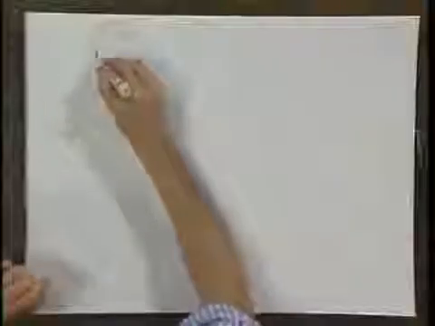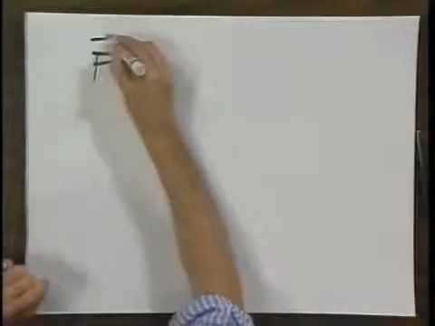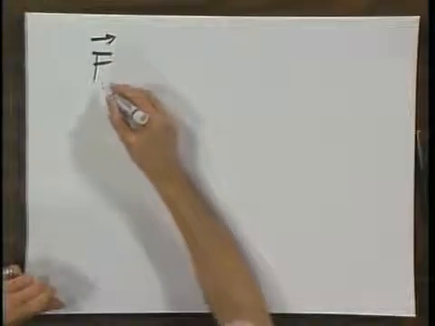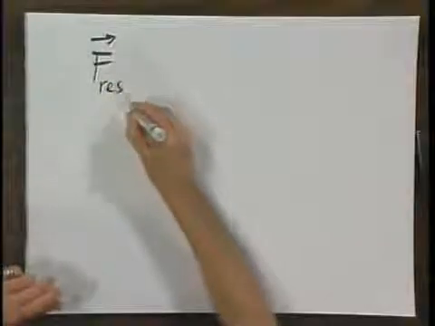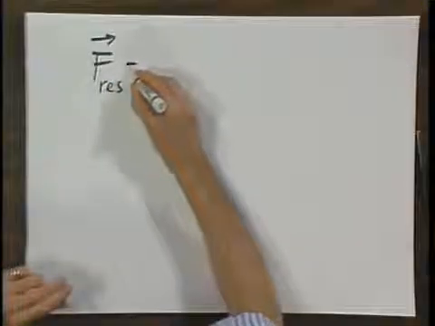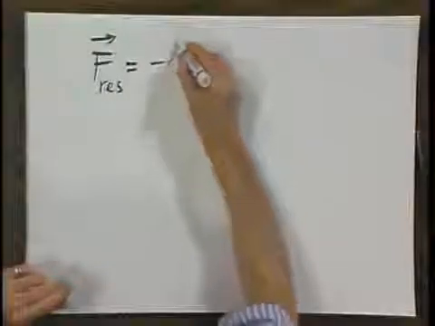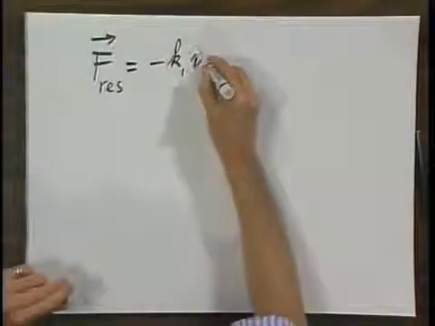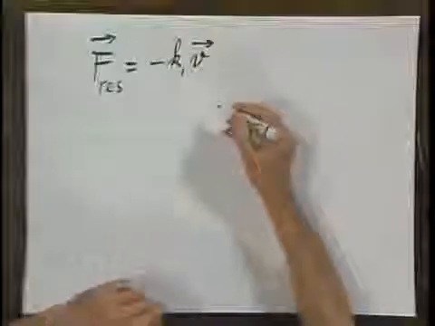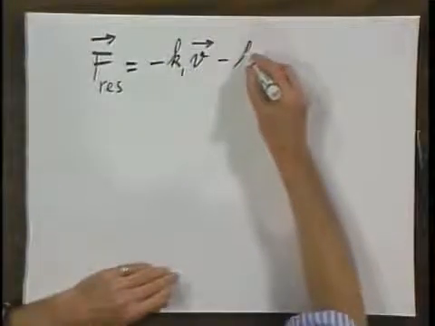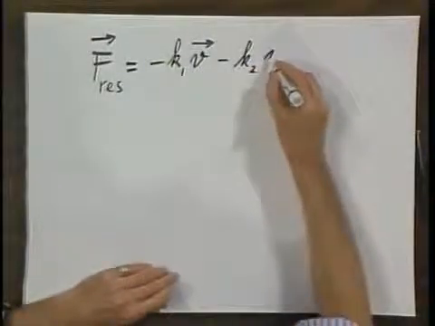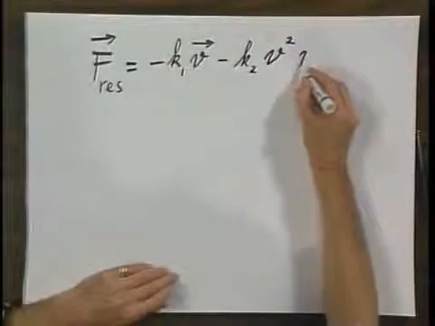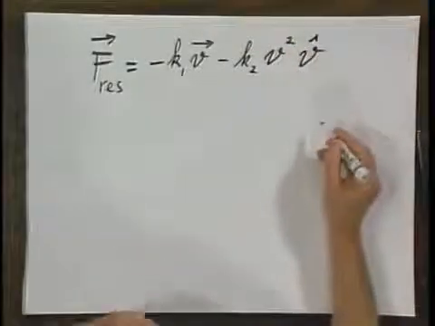Let me write down in general terms the resistive force. A resistive force, when an object moves through a medium, I will put here RES, which stands for resistive, equals minus K1 v minus K2 v squared v-hat, where v is the velocity of that object and v-hat is the unit vector in the v direction.